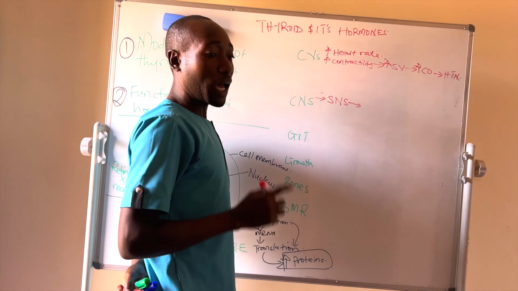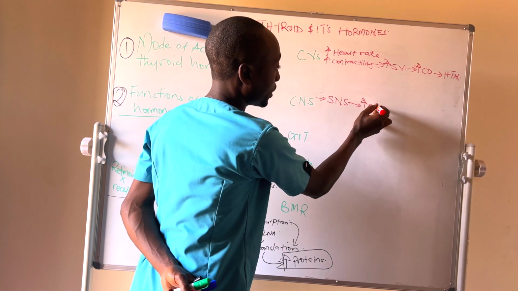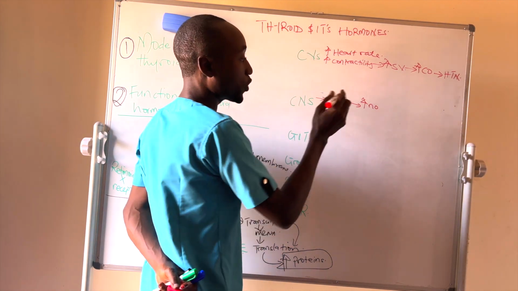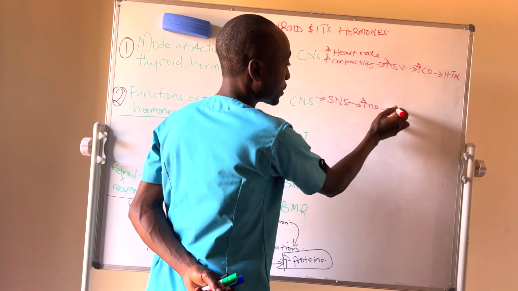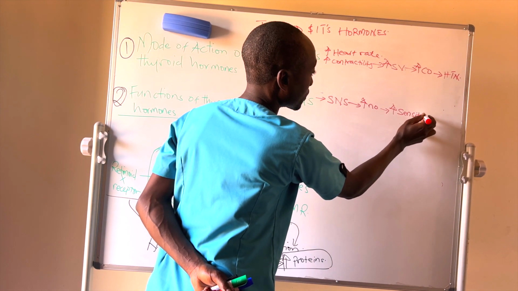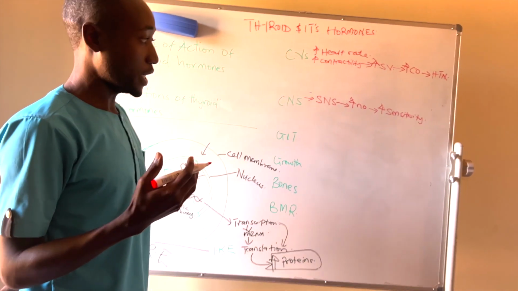How do they do this? They do this by increasing the number of receptors of the sympathetic nervous system, but also increasing the sensitivity of the already existing receptors.